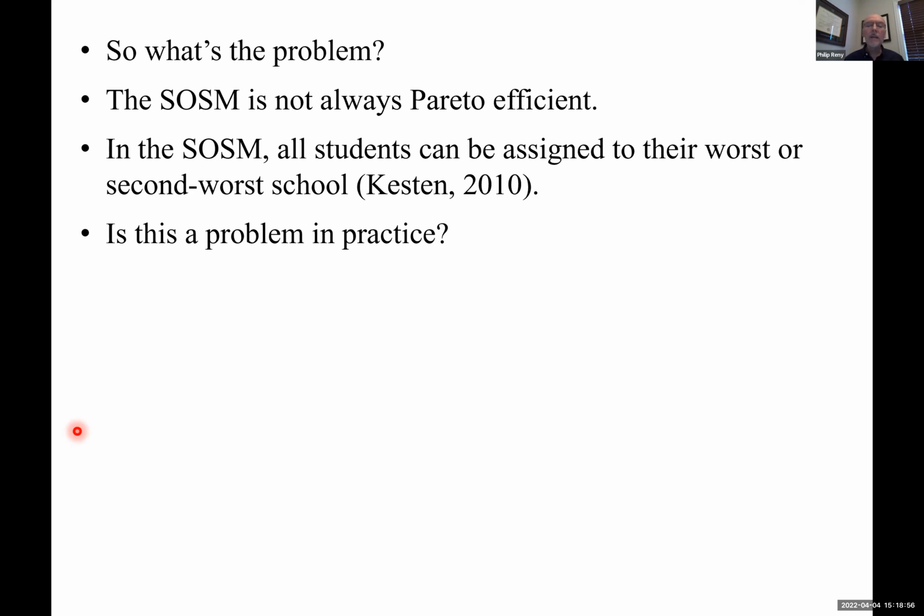The marriage problem and the school choice problem are really isomorphic. You can think about each seat as being its own school. And so it becomes a marriage problem.